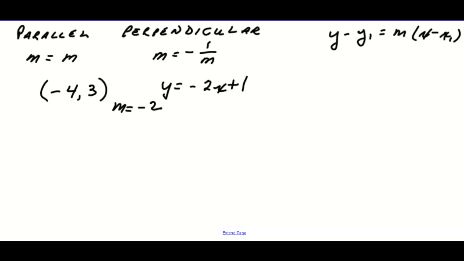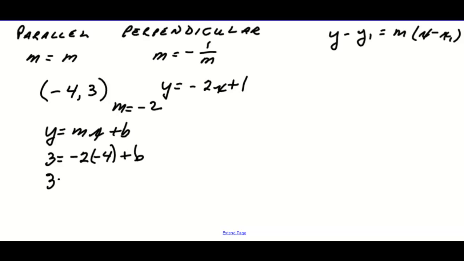So what I do is I go into that y equals mx plus b, and I substitute for y, I substitute 3. For m, I substitute a -2. For x, I substitute a -4, and then plus b.